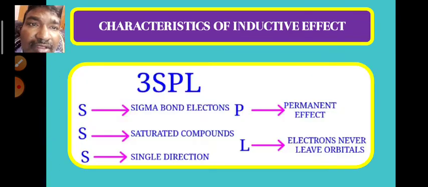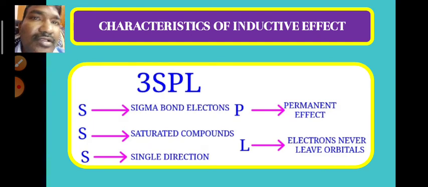Okay. Now we can remember the characteristics of the inductive effect with this shortcut, that is 3SPL: 3S, 1P and 1L. Here one S stands for sigma bond electrons. That means in the inductive effect sigma bond electrons are involved. Another S stands for saturated compound.